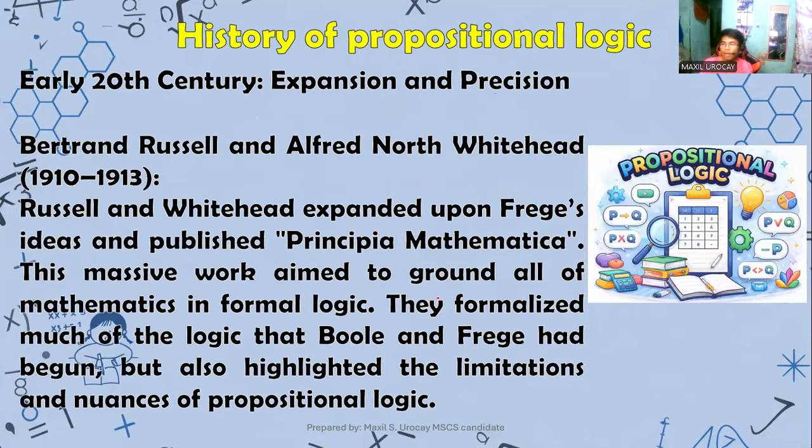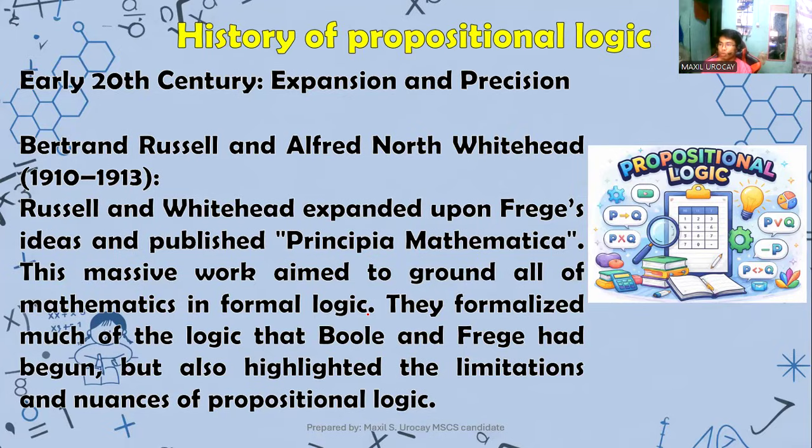Early 20th century, the expansion and precision: Bertrand Russell and Alfred North Whitehead. In the years 1910 to 1913, Russell and Whitehead expanded upon Frege's ideas and published the Principia Mathematica. This massive work aimed to ground all of mathematics in formal logic. They formalized much of the logic that Boole and Frege had begun, but also highlighted the limitations and nuances of propositional logic.